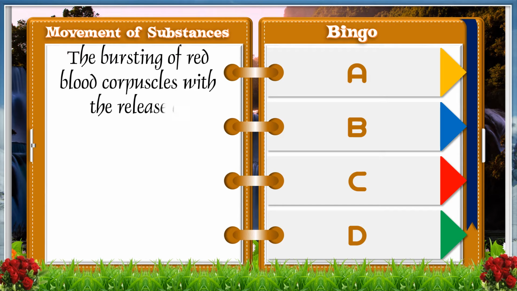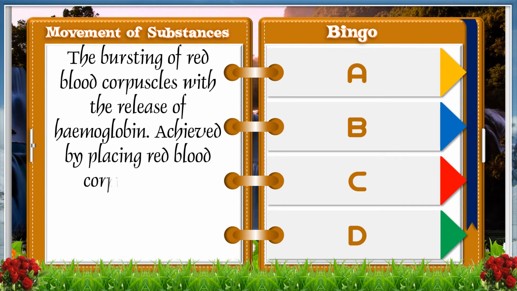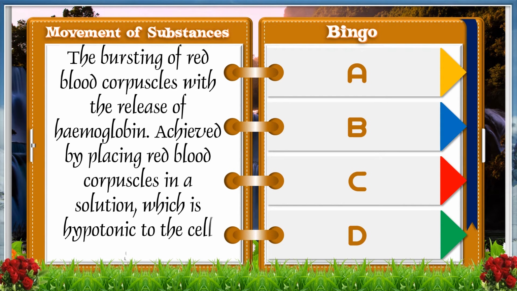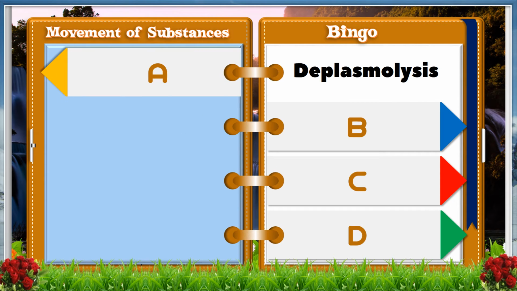The bursting of red blood cells with the release of haemoglobin, achieved by placing red blood cells in a solution which is hypotonic to the cell sap. A. Deplasmolysis.